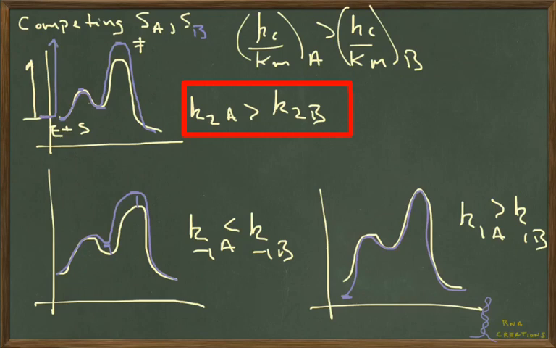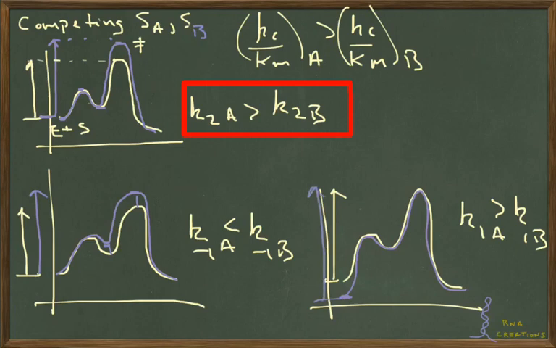So B is going to go slower, right? I'm just going across to the barriers like this. And you can see that the same thing is going to be true here. And that also the same thing is going to be true here, but for a slightly different reason.